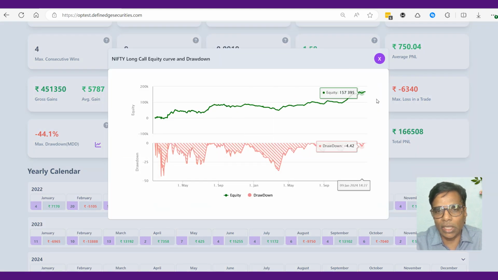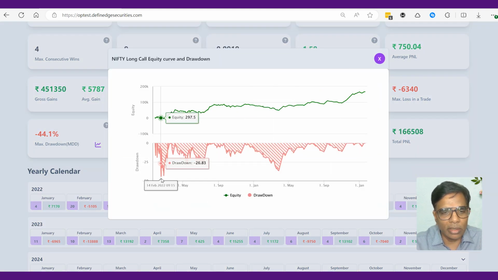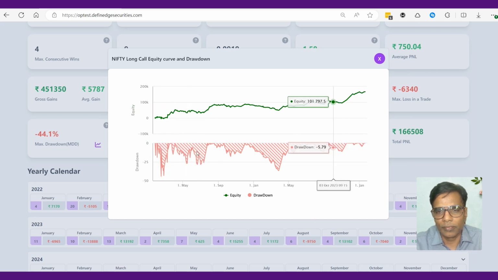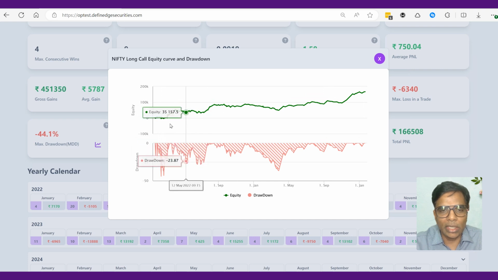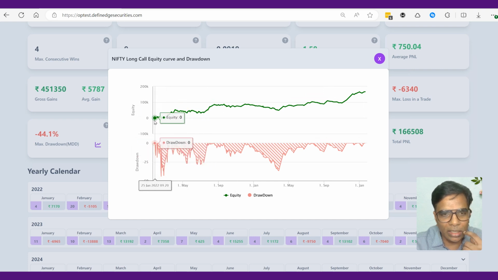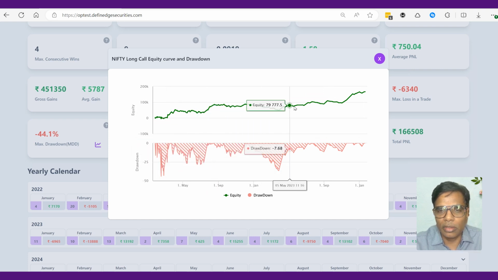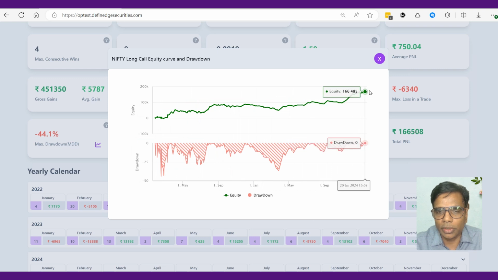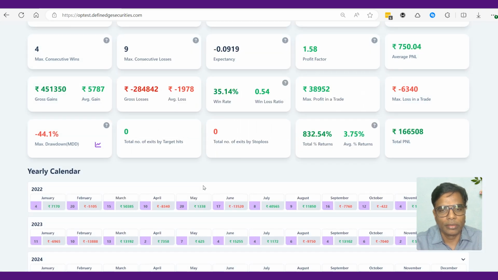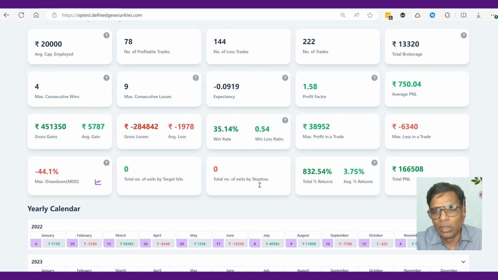So this is the equity curve. Again, you see at the beginning 44% of drawdown, and overall the equity curve, barring the beginning one, has been positive and has been going up. Now the returns, if you see, 832% returns.